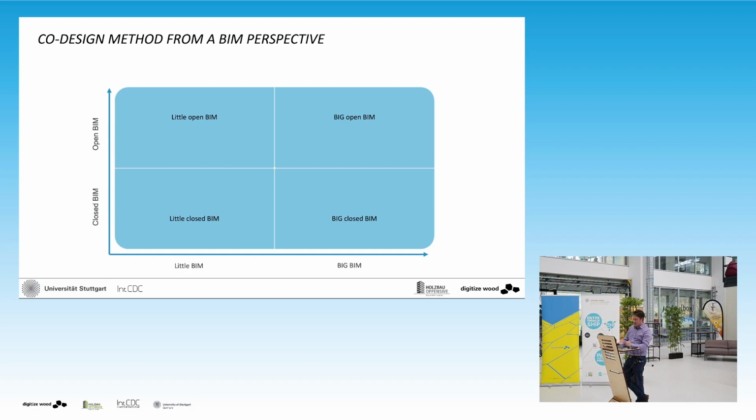So little and closed is like a closed format, a proprietary format, and little is the domain. If you have only the engineers or the architects who do not work together with others, then it can be called somehow little. And of course, the path of the Holy Grail, I would say, this line here, is to become open and become big.